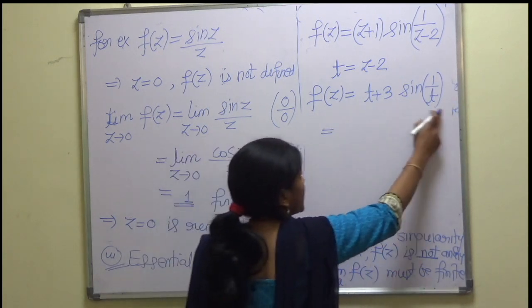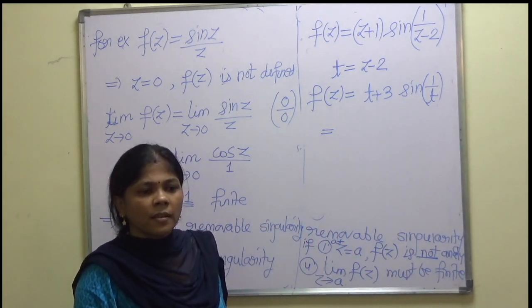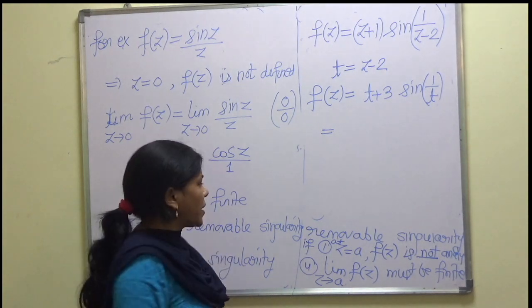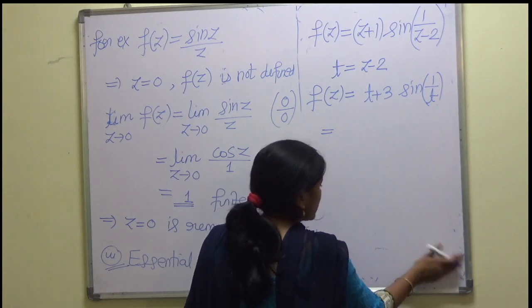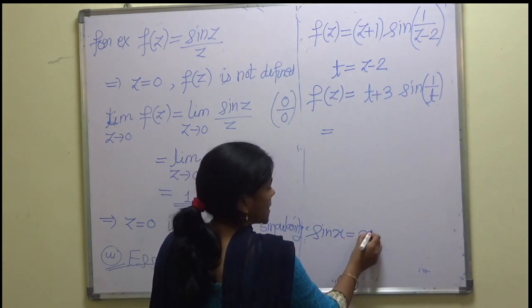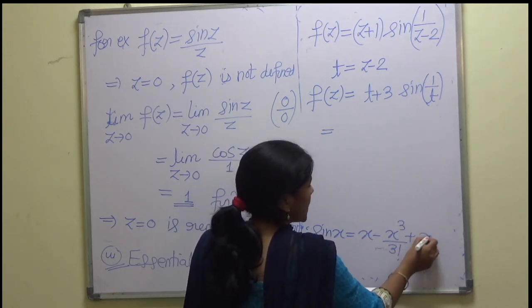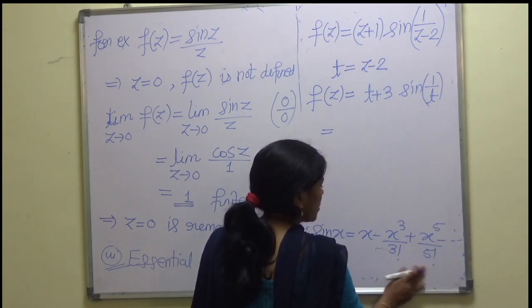Expanding this as per the sine series, what is the sine series? Sine x is x minus x cube by 3 factorial plus x to the power 5 by 5 factorial and so on.